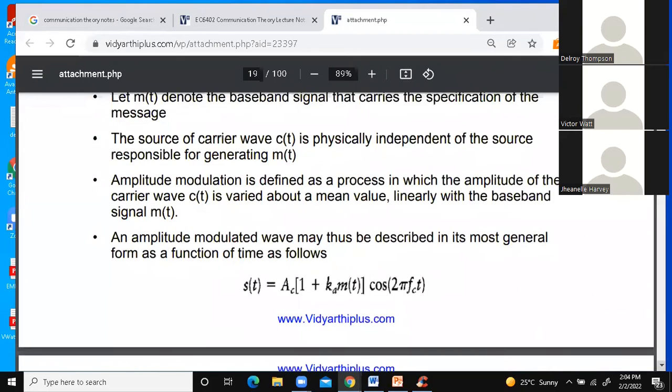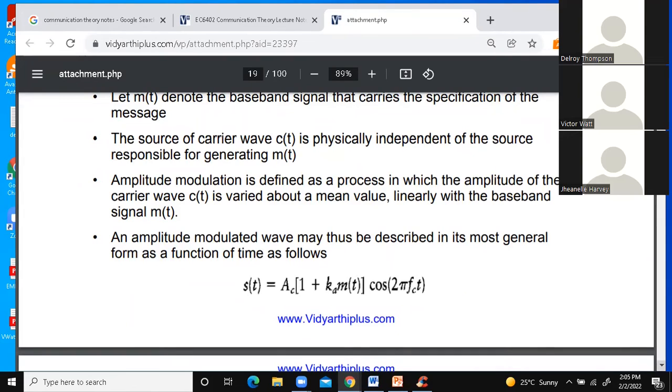And the information signal now, the Ac times this, right? Everybody get it?